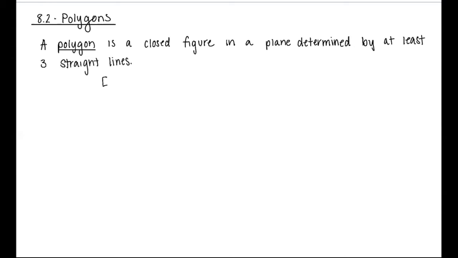So I have some examples of polygons for you. You need 3 straight lines to close in a figure. And so you can see there are 3 points where these lines meet. Another example, you can have kind of a house-looking shape. Not going to be perfect, but that's fine.